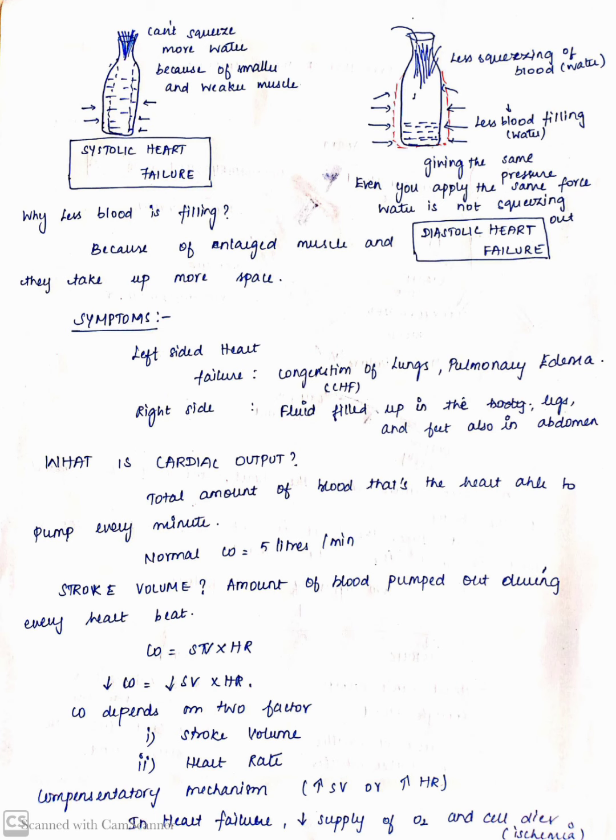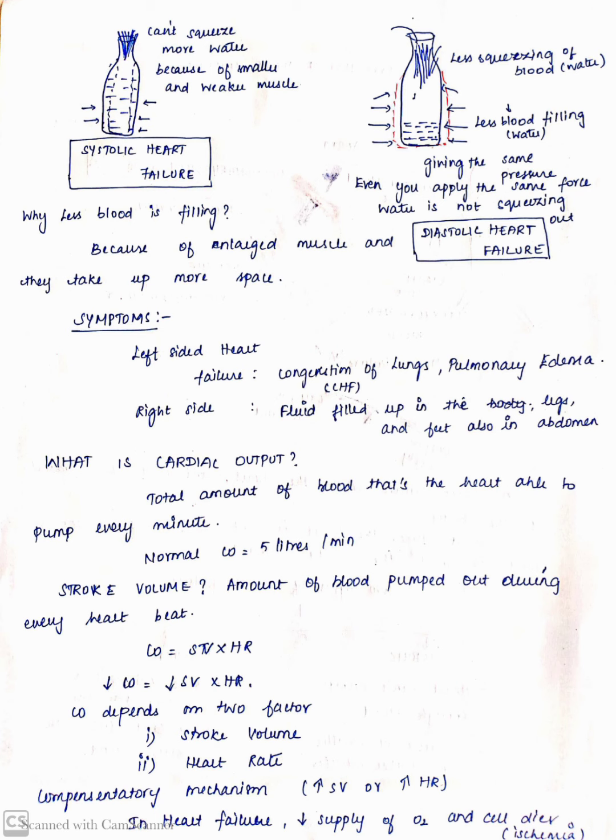So let's move on to cardiac output. What is cardiac output? The total amount of blood that the heart is able to pump every minute, usually given in liters of blood per minute. What is the normal cardiac output? It's 5 liters per minute. What is the stroke volume? The amount of blood pumped every heartbeat, not every minute.